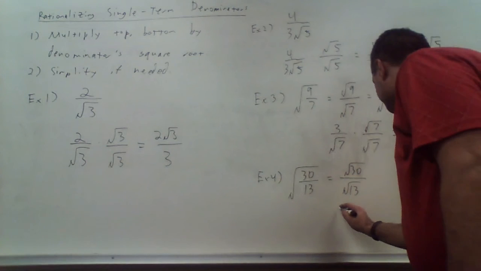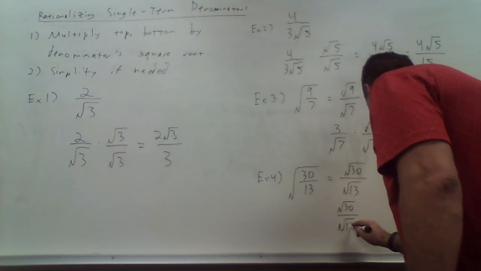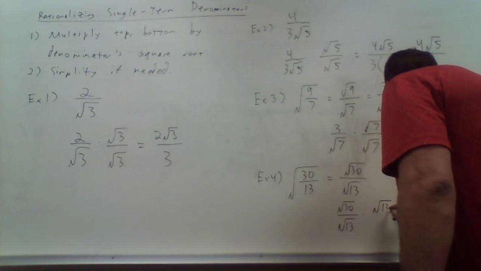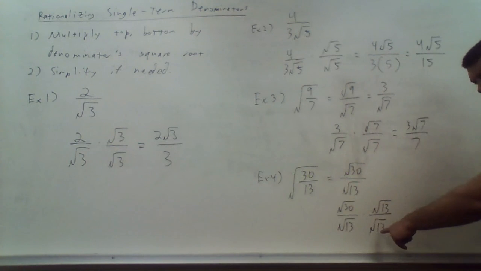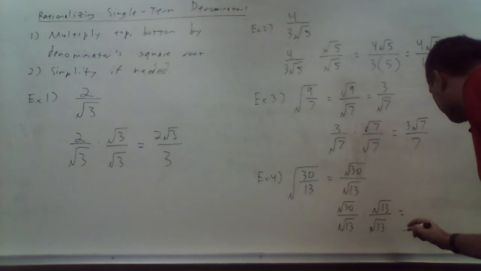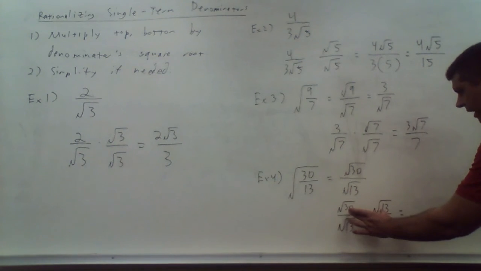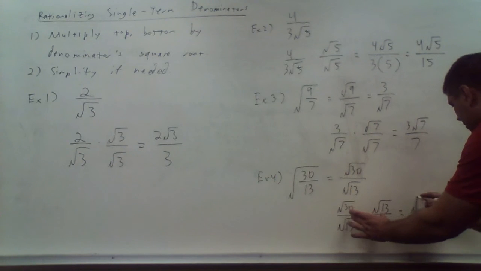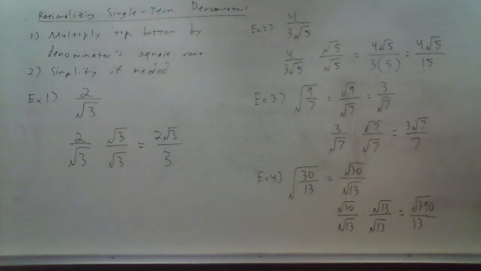So you are going to multiply top and bottom by the denominator's square root, so square root of 13. Square root of 13 times square root of 13 is just 13. You're going to multiply the numbers under the radical. So you're going to have the square root of 30 times 13, which is 390. And that is it.